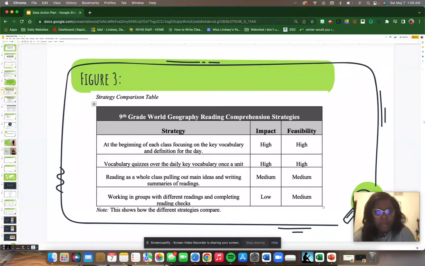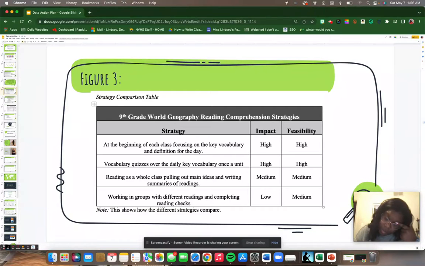So there are many different strategies that you can use to kind of improve reading comprehension. One was focusing on explicit vocabulary usage. Basically, at the beginning of each class, focusing on the key vocabulary and definition for the day.